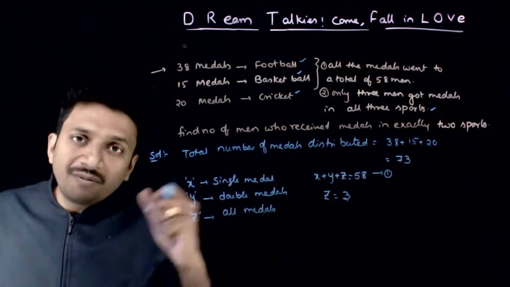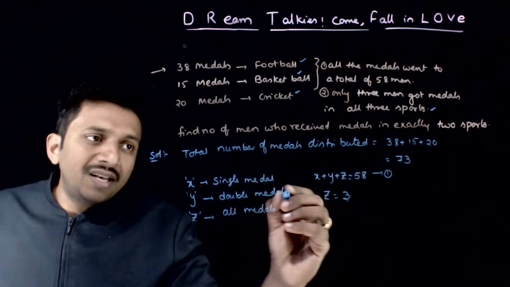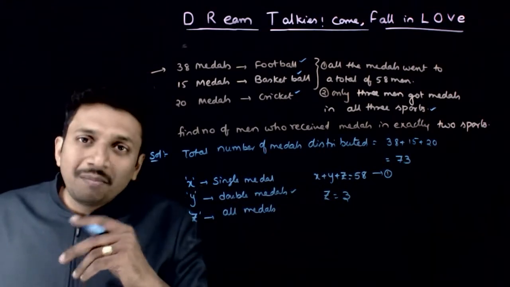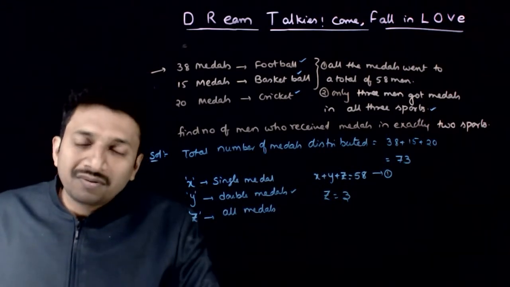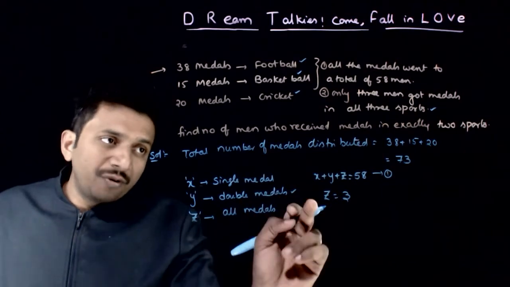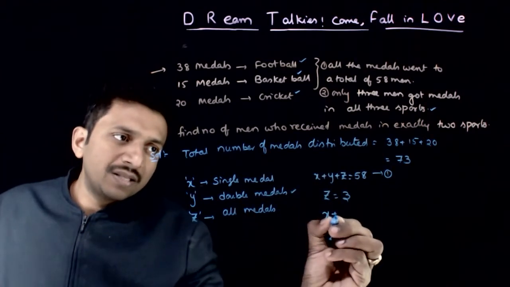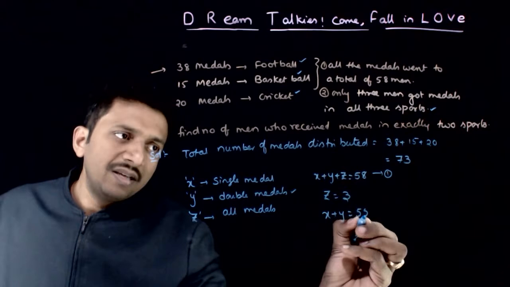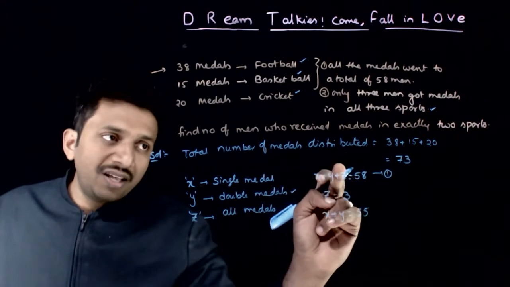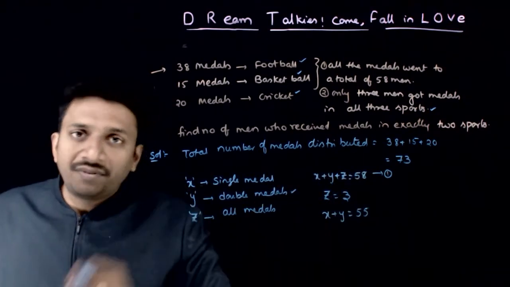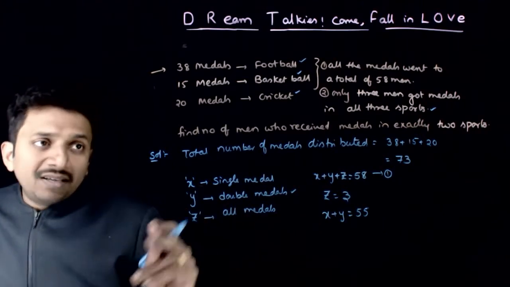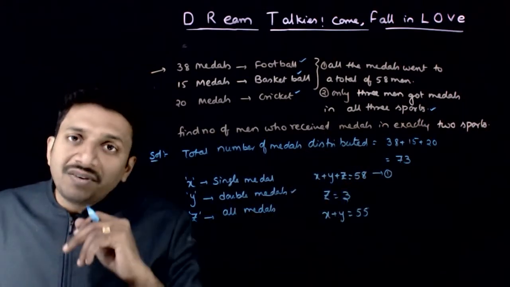So now with this information, can you find the number of men who got medals in exactly 2 sports? So I hope yes. If you put z is equal to 3, you get x plus y is equal to 55, right? If 3 goes onto that side, you get 55. And the total number of medals has to be 73.